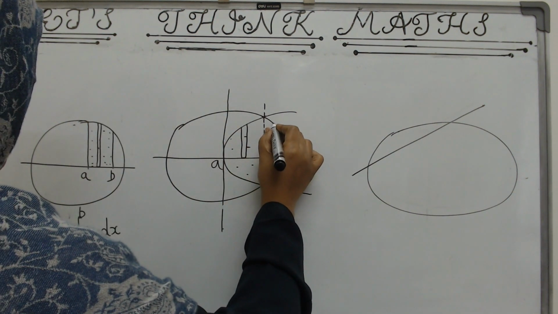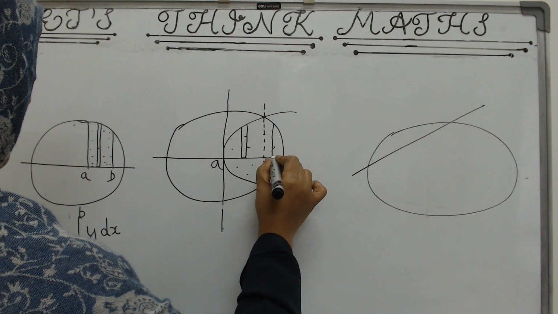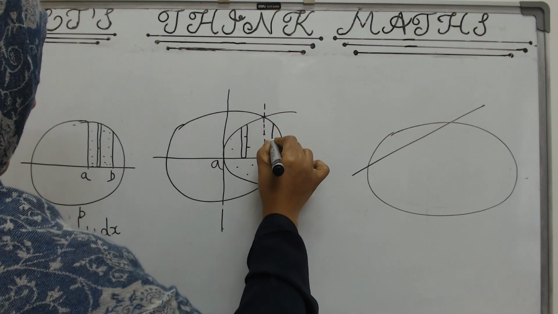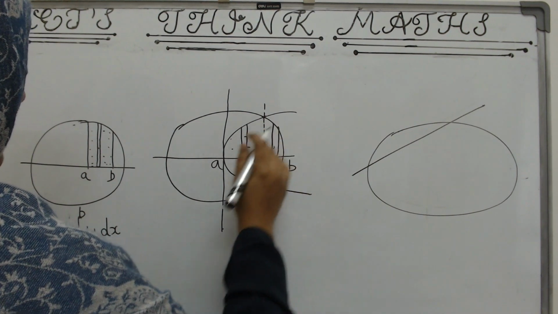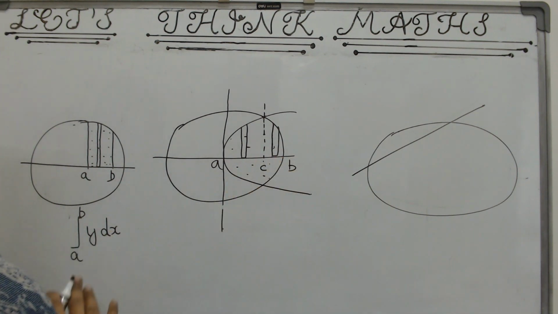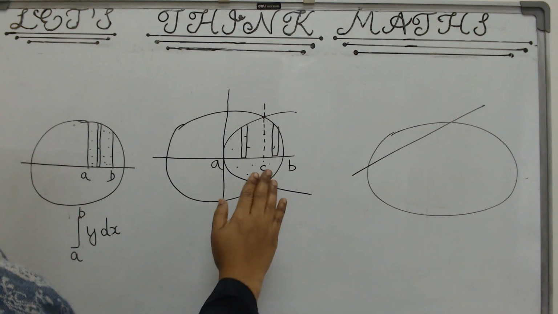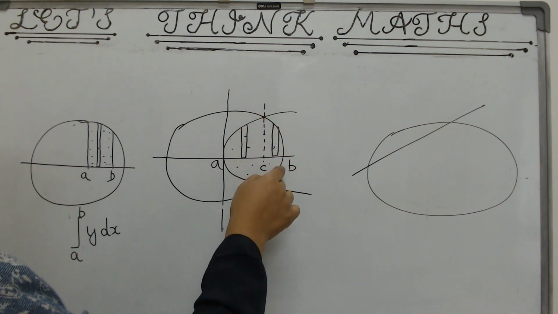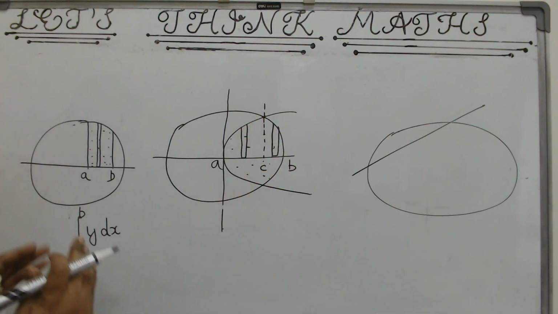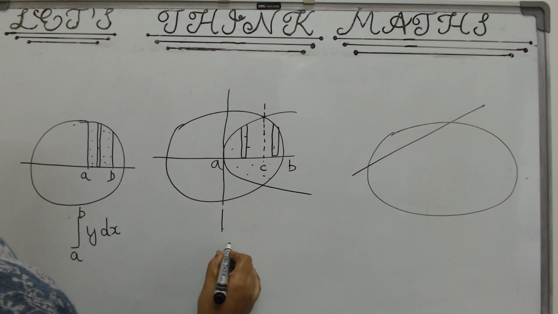But then if we draw a rectangular strip after the point of intersection, what did we see? Its one foot is on the x-axis, good, but its other foot is on the circle. So what did we do? We divided the integral into two parts.